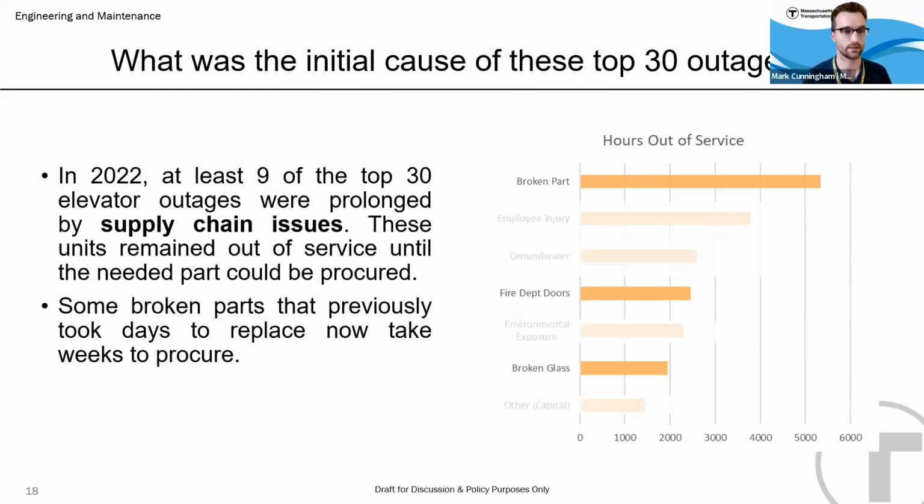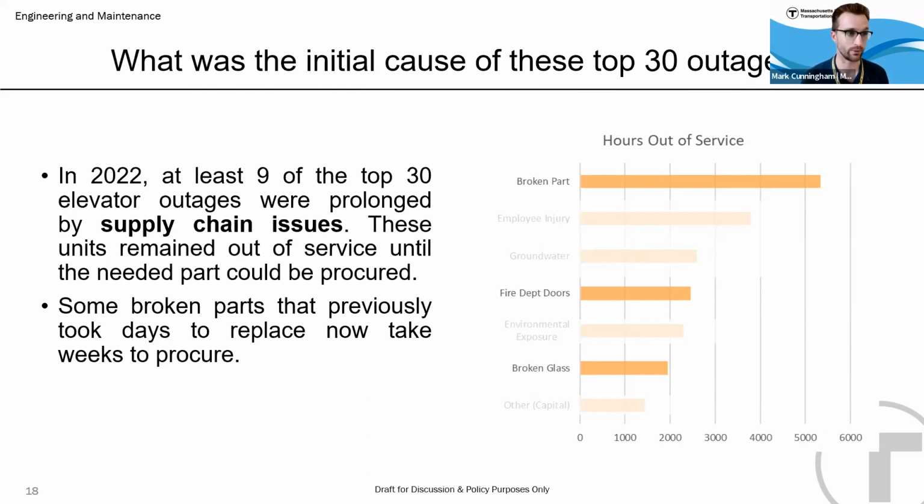Next slide, please. I mentioned this in the executive summary, but supply chain issues were a factor in 2022. We found that of the top 30, at least 9 elevator outages were prolonged due to these supply chain issues. Anecdotally, we found that some broken parts that may have taken days to procure have now taken weeks for us to procure.